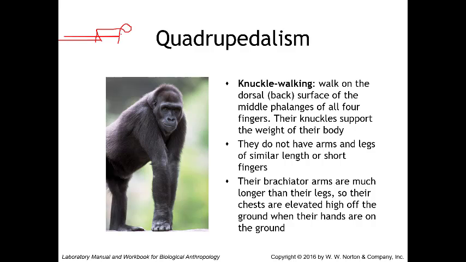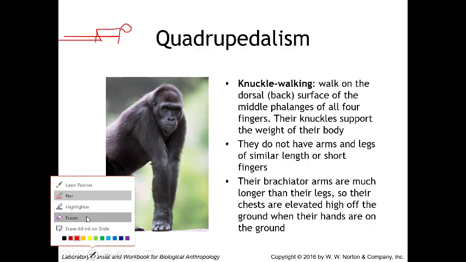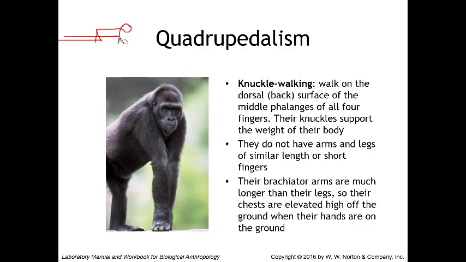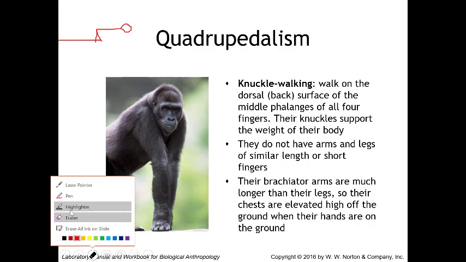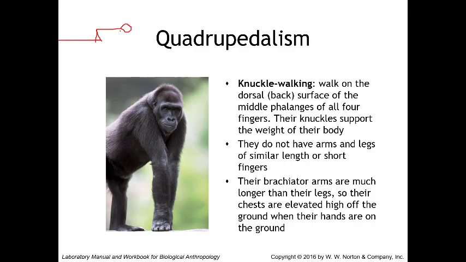Sorry, let me erase this. Right, go back to pen. And sorry, because I need to make sure that I make these legs the same height, right? So arms and legs are the same height, right?